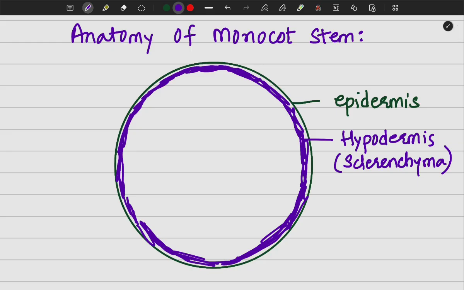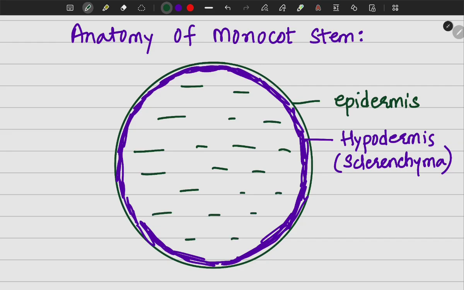If we look into the anatomy of monocot stem, it is quite unique, and you can easily identify that this anatomy represents a monocot stem. How? The whole of this ground tissue consists of parenchyma.